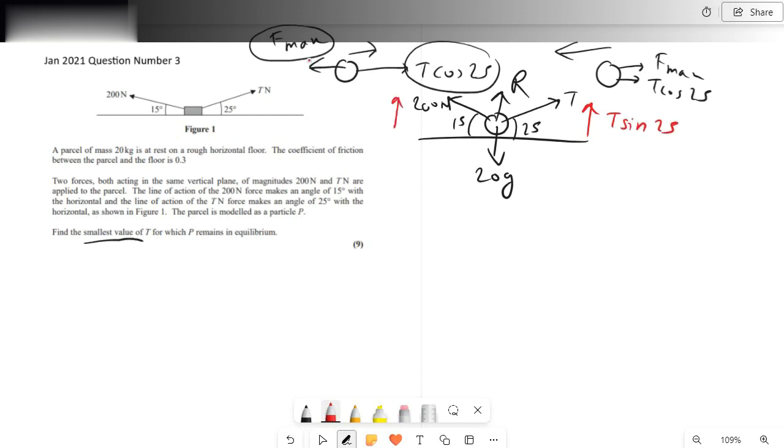Similarly, this should be 200 sine 15. And the horizontal components should be t cos 25 and 200 cos 15 respectively. And not to mention, we also have F max acting towards the right, to make sure that F max and the t values are aligned in the same direction, to make sure that the value of t is the minimum.